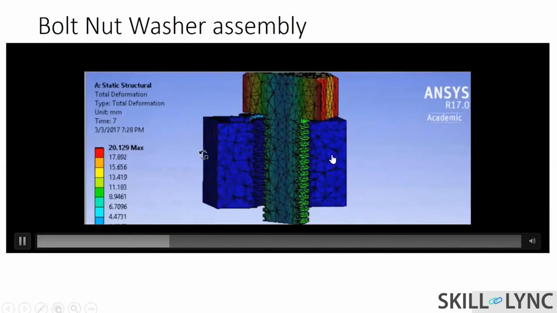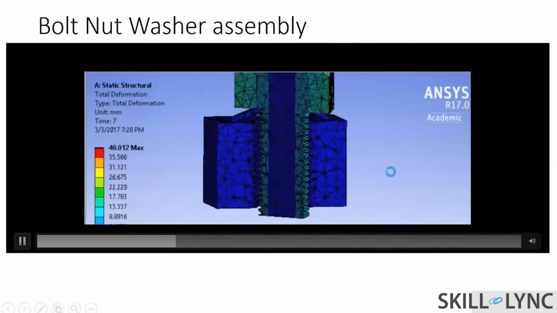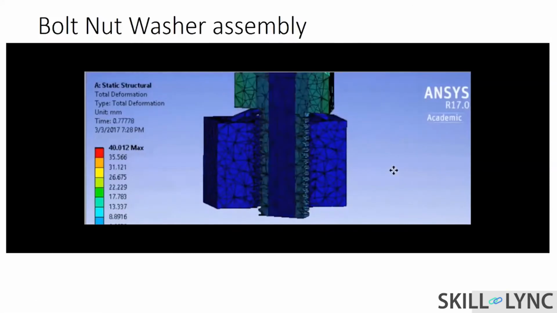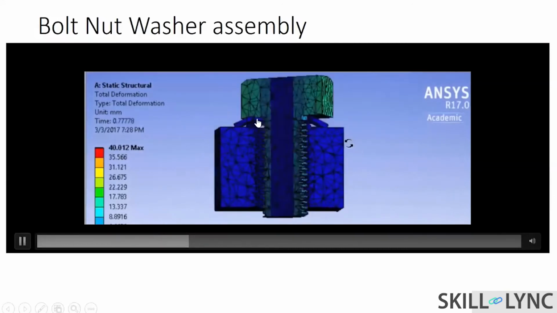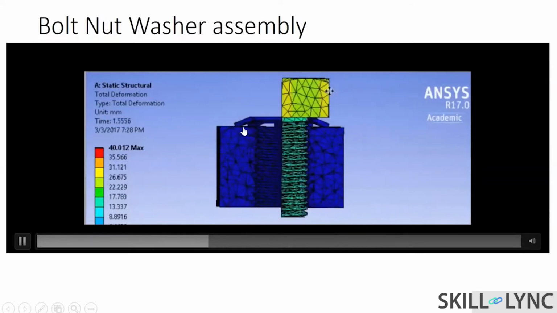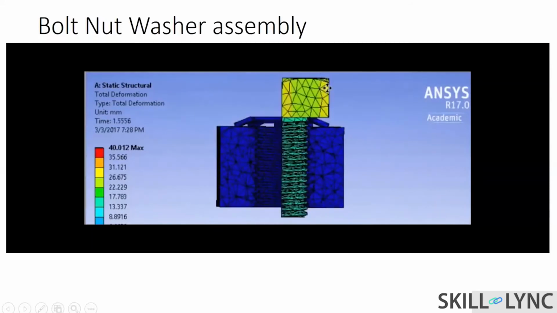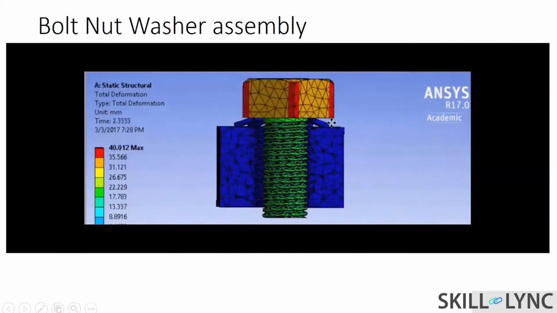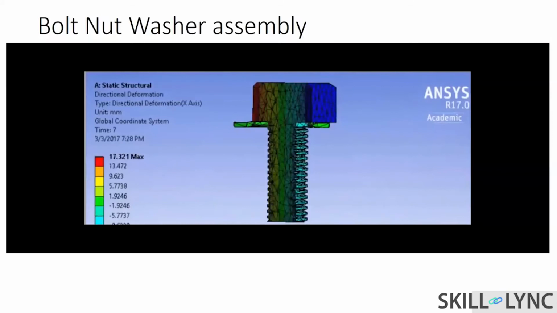So this is showing you the cross section and the simulation of it. You can look at the washer as you torque it; the washer gets deformed and flattened out. This is the type of nonlinear analysis we do in ANSYS.